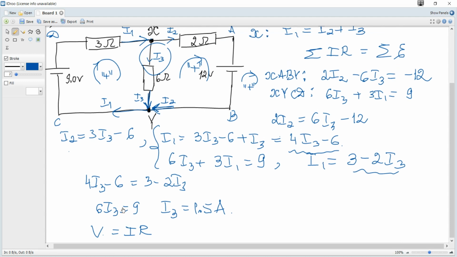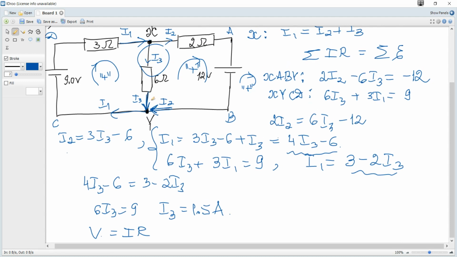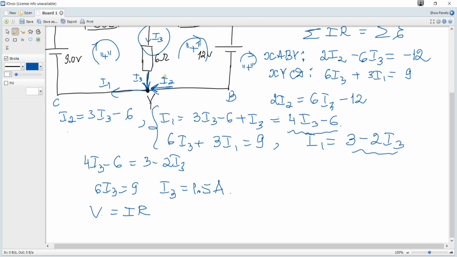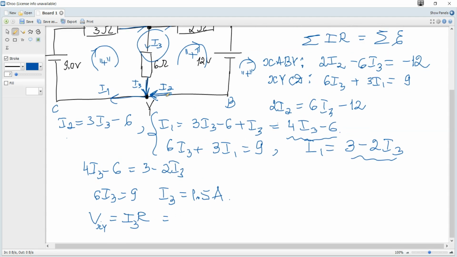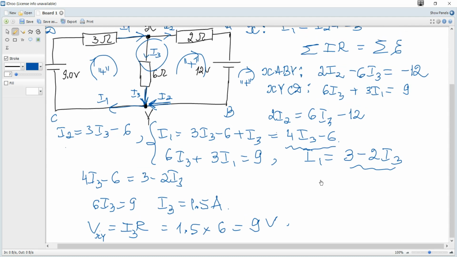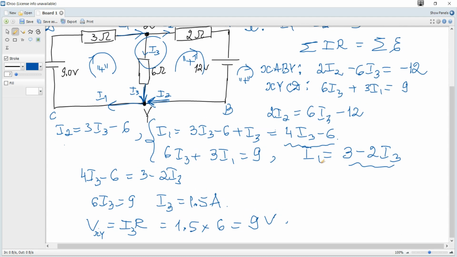Between X and Y, the current is I3 and the only component is the 6 ohm resistor, so it's 1.5 multiplied by 6, which is 9 volts. And that's all for this question.